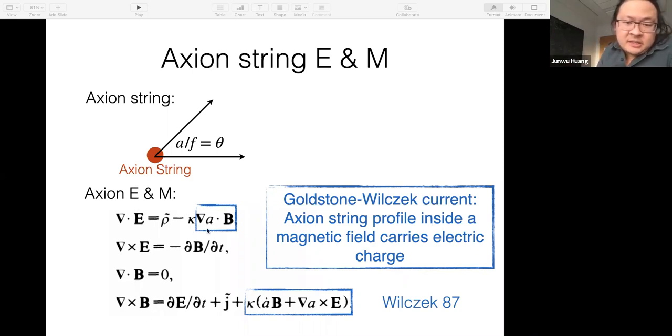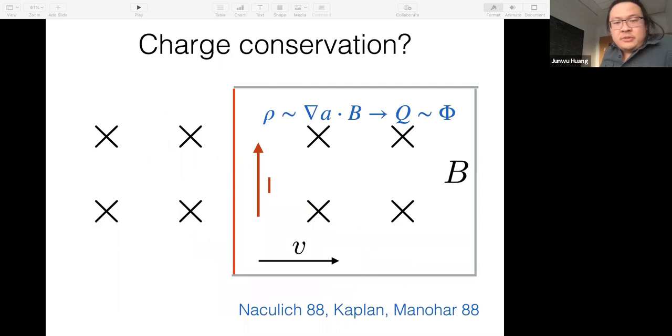The charge density is proportional to the gradient of the axion field times the magnetic field, and there's a current which is the gradient of the axion field crossed with the electric field. So these charge density and current density are known as the Goldstone-Wilczek current, and we'll be looking at those in the next slide. Okay. So this is what you see here.